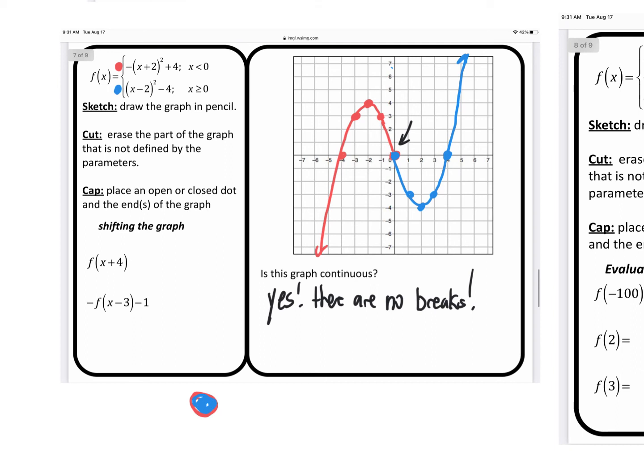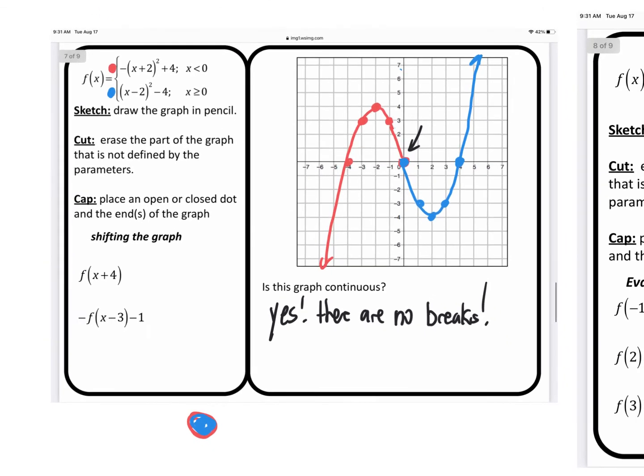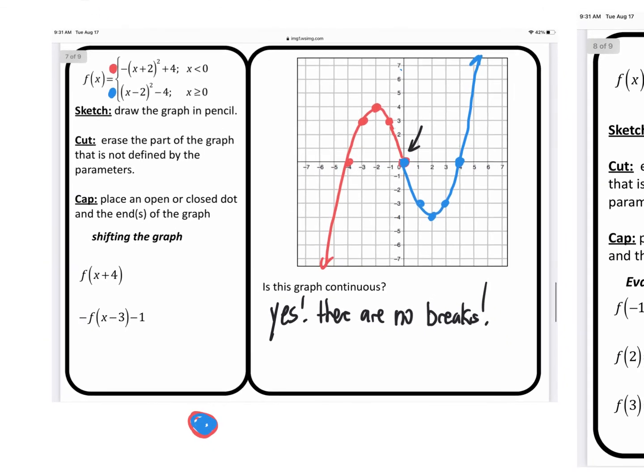And then we got this business of shifting this graph. Now, I just want to make sure that you guys know that all of these graphs can be shifted. So I'm going to real quickly show you what this would look like if you shifted the graph. I'm going to keep this picture as is, and then I will show you what this graph right here will look like if it's shifted.